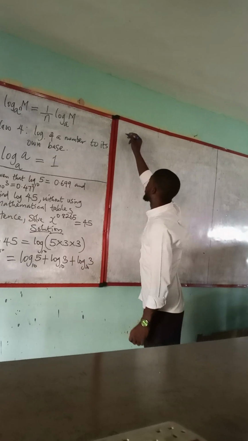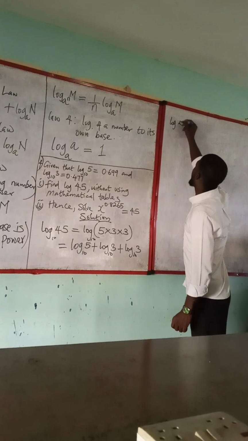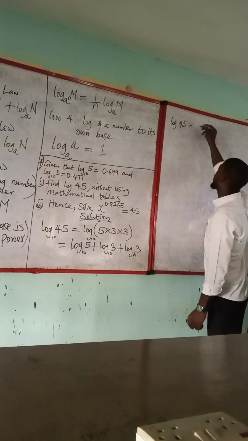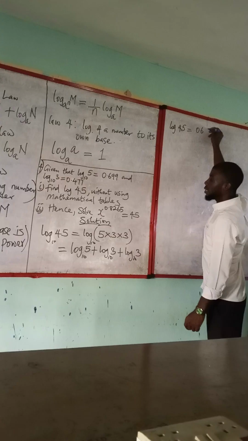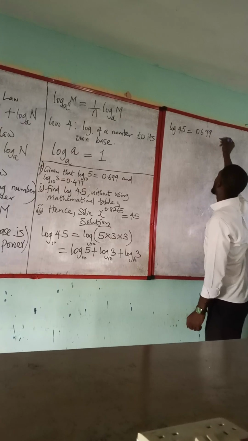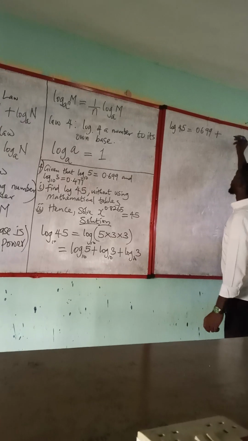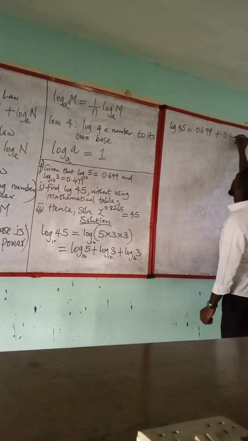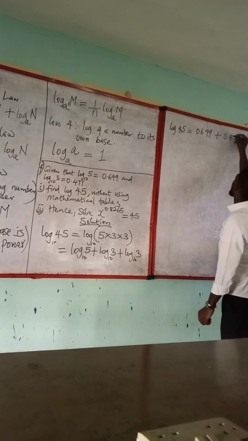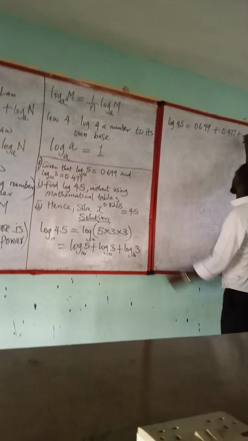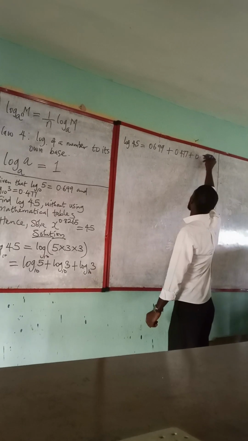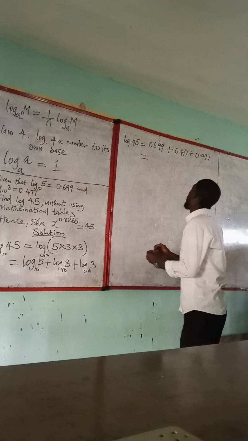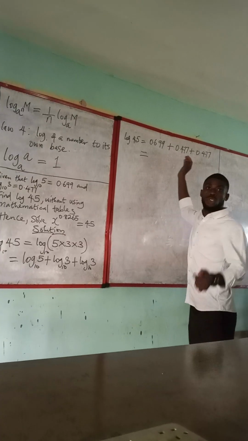Log 45 is the same thing as log base 10 of 5, which was given to us as 0.699, plus log base 10 of 3, which was given to us as 0.477, plus the second 0.477. So we can go on to add these three numbers together.